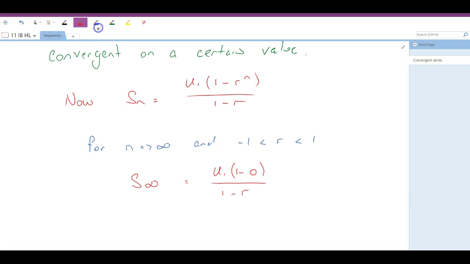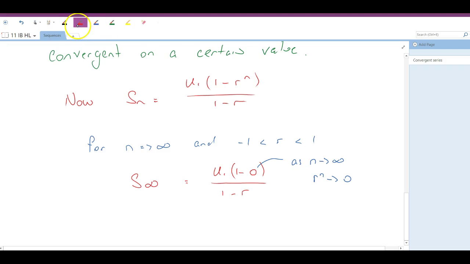So, just a little point of explanation here. As n approaches infinity, r to the n will approach 0. So we're looking at values, if you like, put in your calculator, half to the power of 100, and it's infinitesimally small. So r to the n is going to go to 0 as we consider large values of n, which is exactly what we're doing on convergent series.